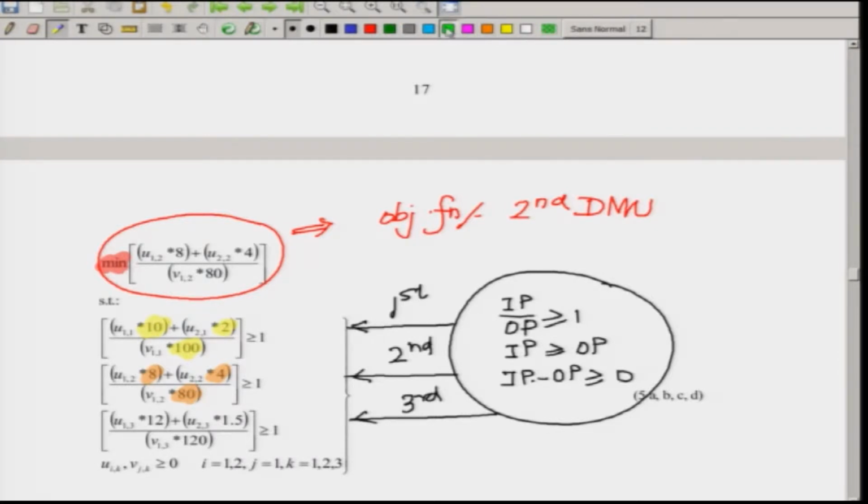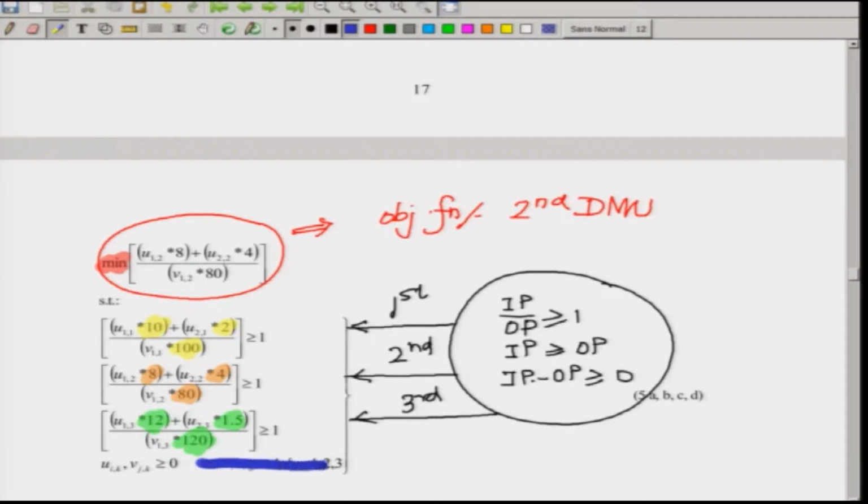And then for the last coloring scheme, the multiplicative factors are 12, 1.5 and 120, corresponding to the two inputs and one output for the third DMU. Again, the weights are given by u and v with the suffixes i k and j k. i is the nomenclature for the inputs, j for the outputs, and k for the DMUs. And again you have two inputs, one output and 3 DMUs.